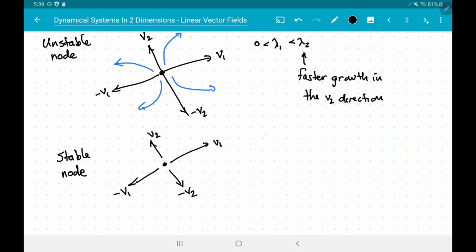But this time, we're going to suppose that lambda 1 is negative and that lambda 2 is less than lambda 1. So that means that we have rapid decay in the v2 direction.